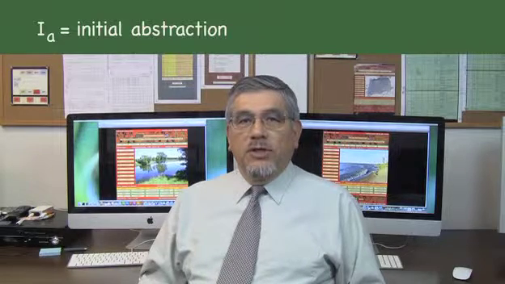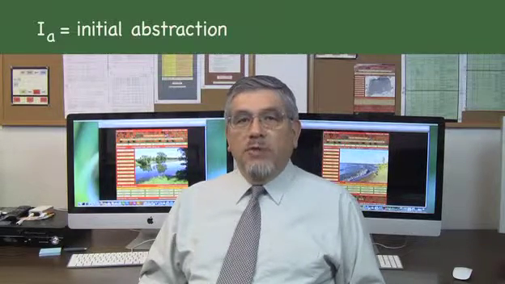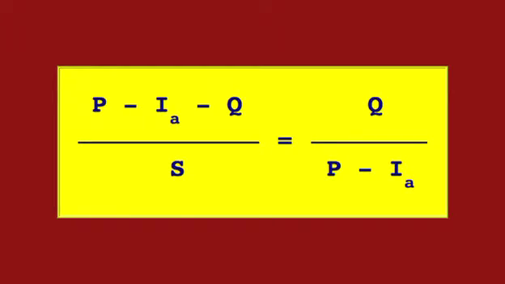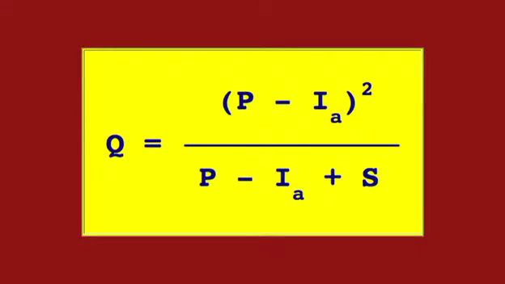To account for initial abstraction, the curve number equation is modified to, solving for Q, which is physically subject to the restriction P greater than or equal to I sub A.